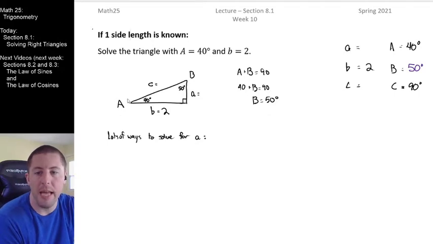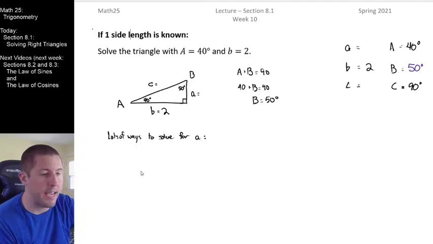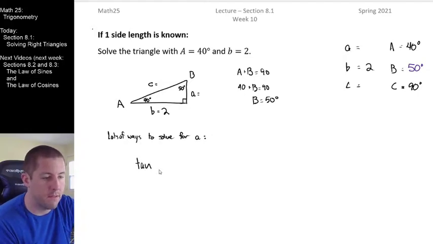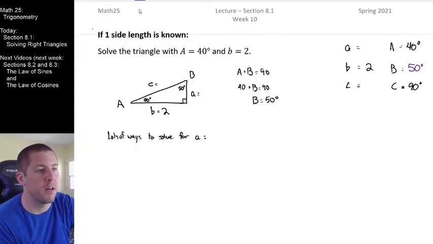So here's some of the statements I'm thinking. Relative to the angle A, capital A, b is adjacent, and lowercase a is opposite. So therefore, it sounds to me like if I talked about the tangent of 40, tangent is opposite over adjacent. In fact, I'm going to back up one step here, and I'm going to write this in general in terms of our generic letters.